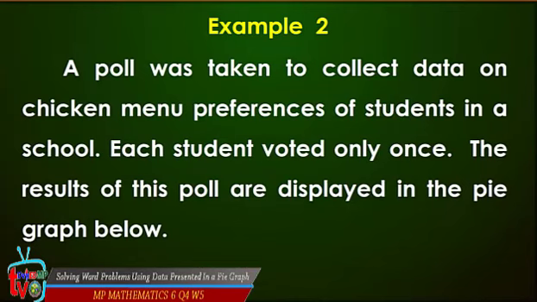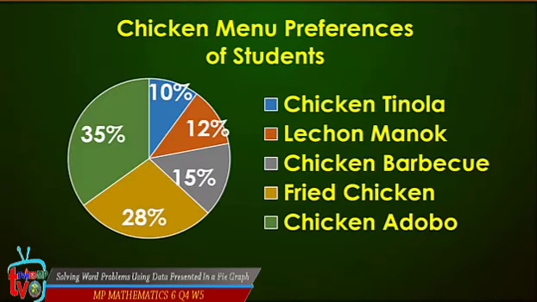A poll was taken to collect data on chicken menu preferences of students in a school. Each student voted only once. The results of this poll are displayed in the pie graph below. Chicken menu preferences of students: 10% chicken tinola, 12% lechon manok, 15% chicken barbecue, 28% fried chicken, 35% chicken adobo.